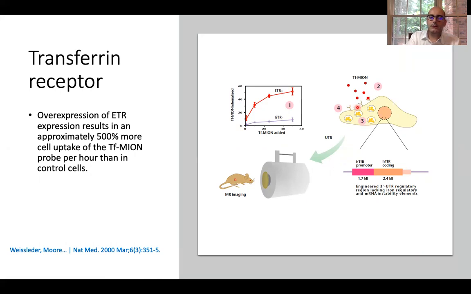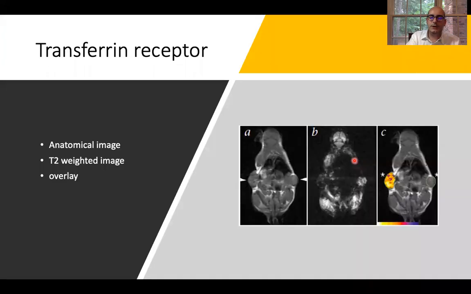The idea is that we can overexpress the transferrin receptor, and we can expose the cells or inject mice with transferrin conjugated to MION. Only the cells expressing TfR will take up the iron oxide, and therefore we'll see a reduction in the T2 contrast.